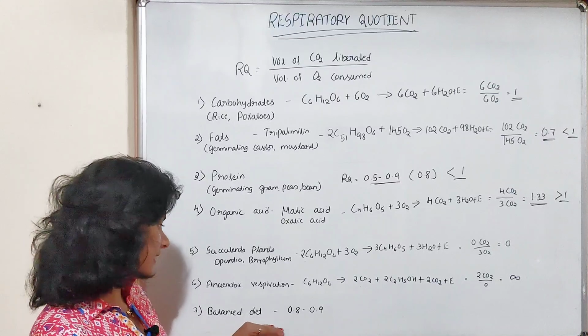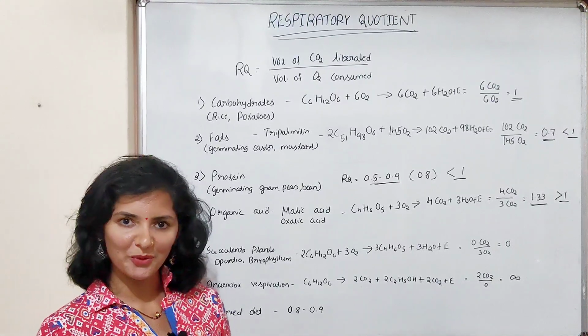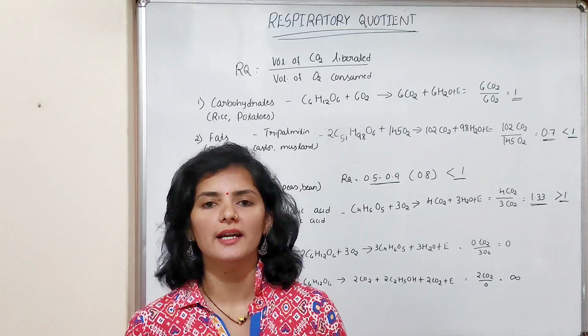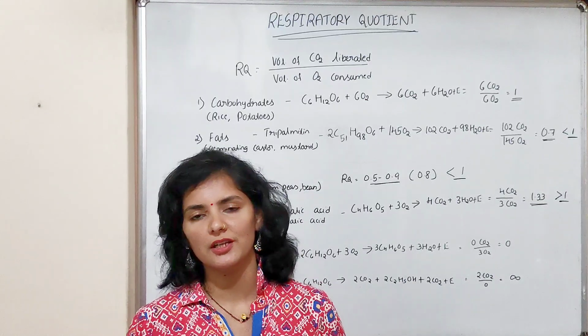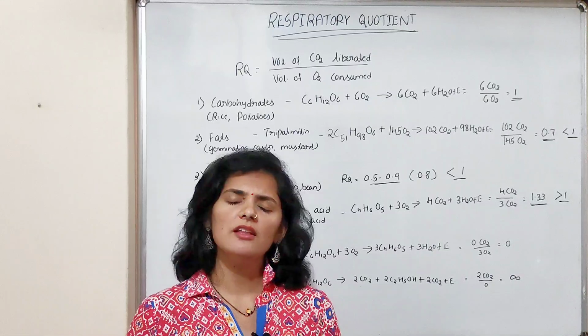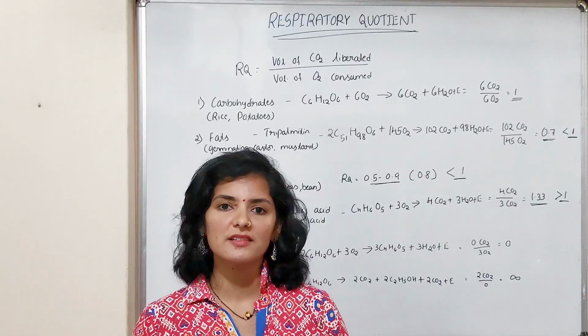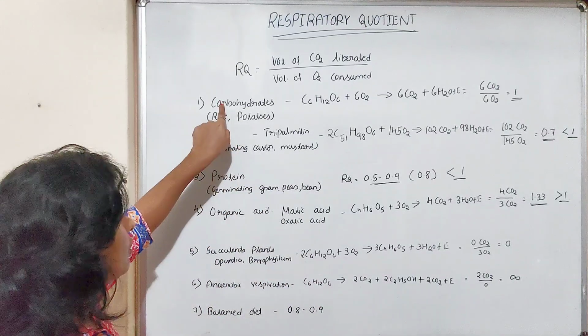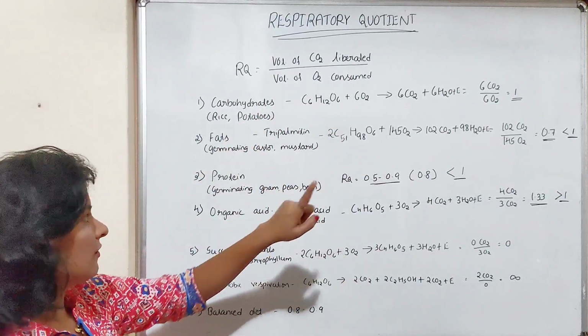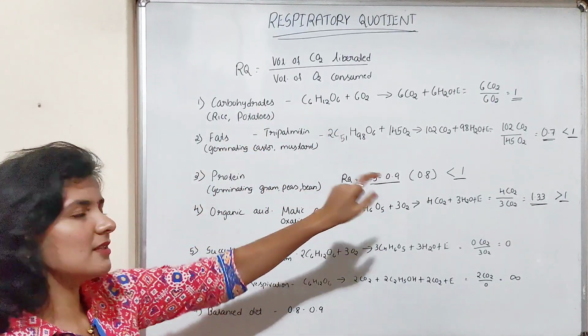Next is balanced diet, which is very special and important. What do you mean by balanced diet? A balanced diet is nothing but a diet having carbohydrate, protein, fat, everything. Usually we consume this balanced diet. And what is the RQ value of this balanced diet? You know the RQ value of carbohydrate is 1, the RQ value of fat is 0.7, and the RQ value of protein is 0.8.